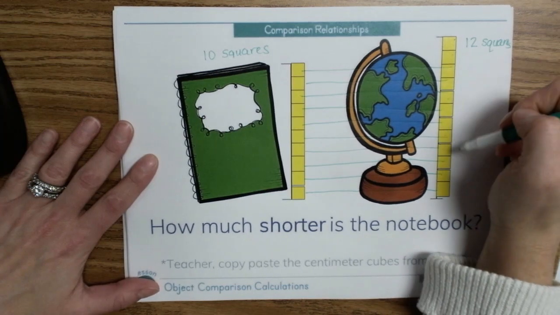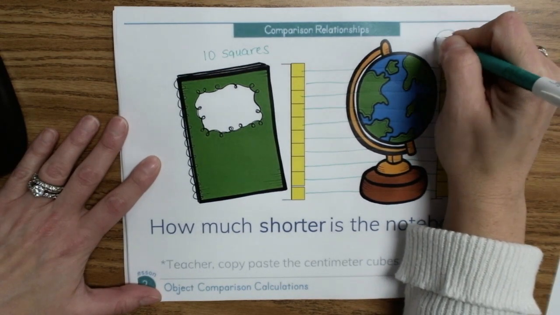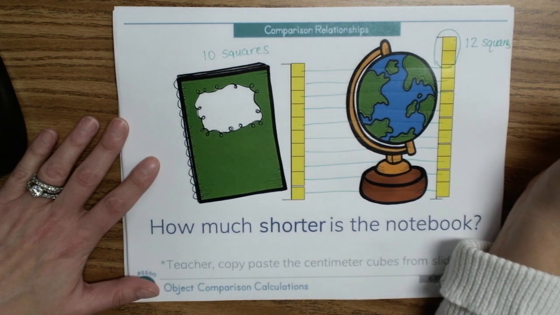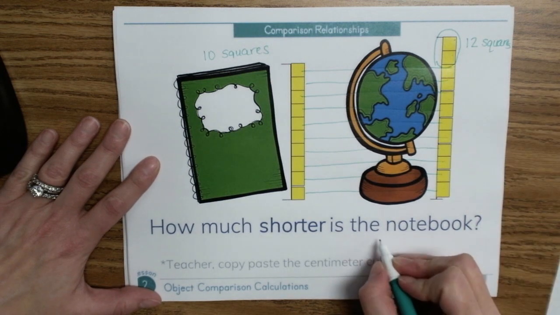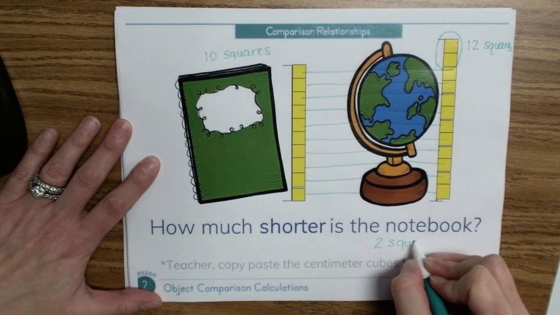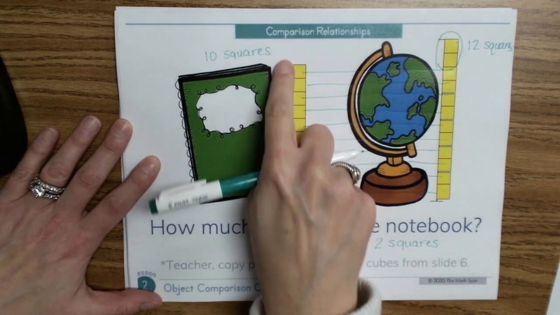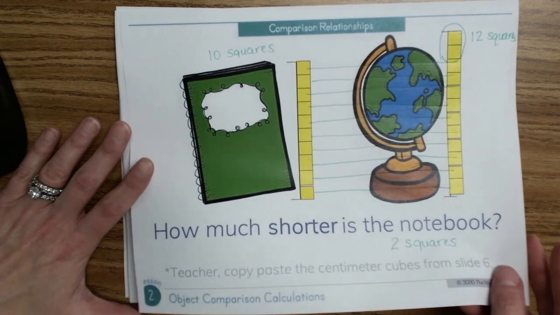Okay, so I've matched them all up, and whatever is left shows me how much shorter he is. How much shorter is he? He is 2 squares shorter. Okay, he's 2 squares shorter. We know he's short, but by how much is he short?